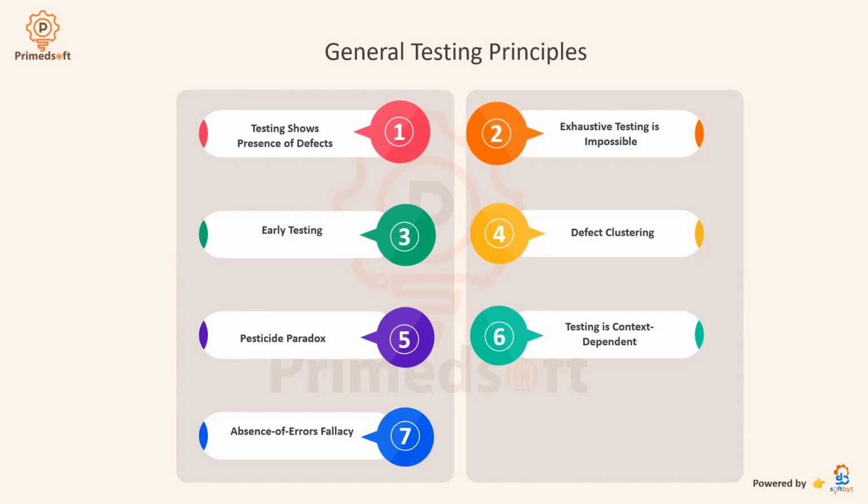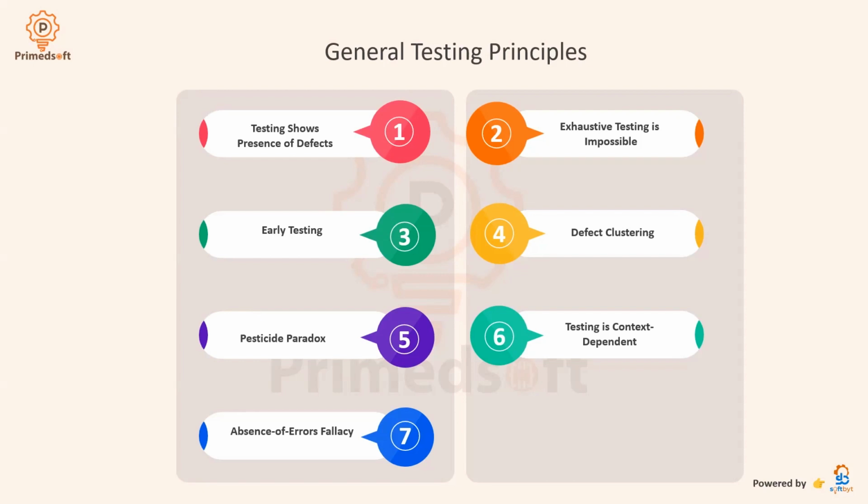So the third one is early testing, right? Testing activities should start early in the software development lifecycle. Detecting and fixing defects at an early stage is more cost effective than addressing them later, right? Like I said before, when you are fixing software in retrospect, it costs more than when you detect the error early and fix it early, right?